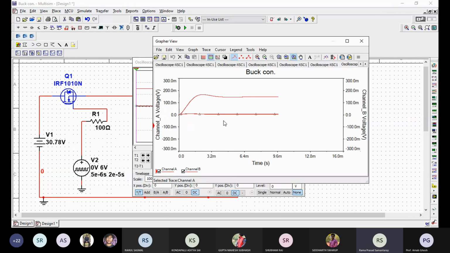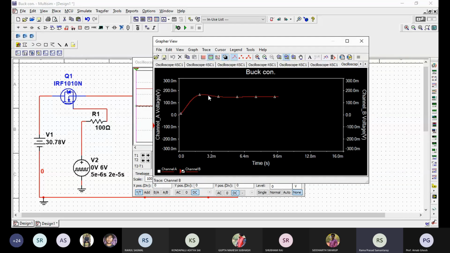Through analysis you can do the same. Now the voltage value is more than the current value. If you want to see the voltage value, uncheck the current one, then zoom it.